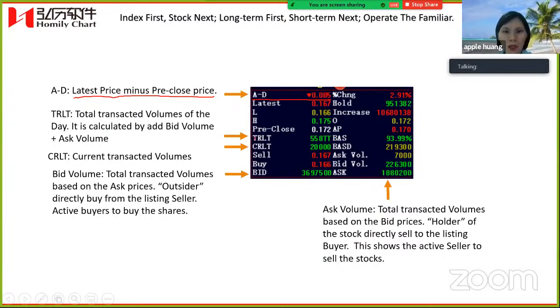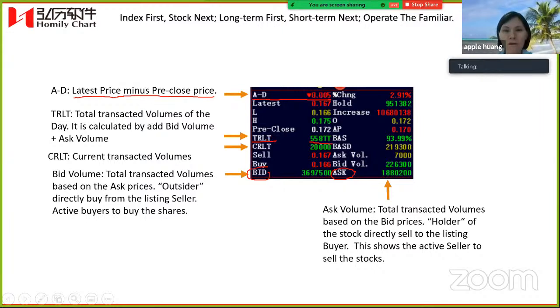And then the TRLT. TRLT is the bid volume plus the ask volume, which equals the total transacted volume as of the day.